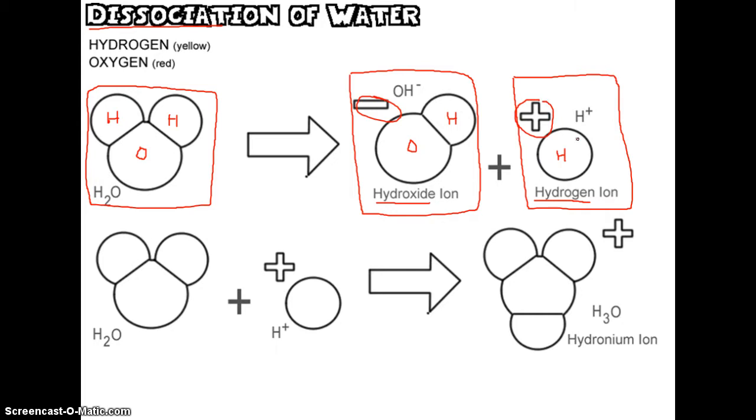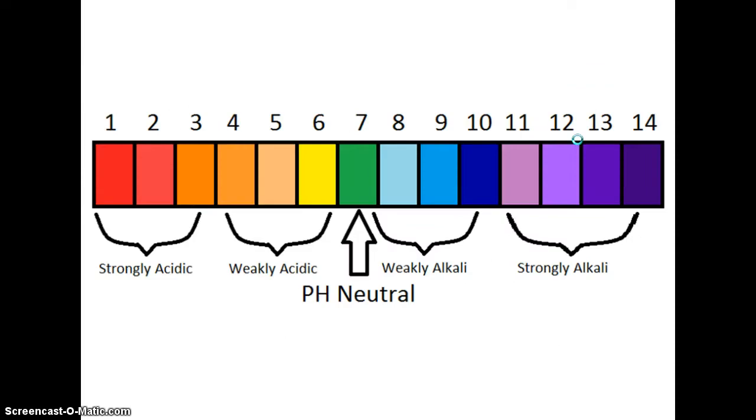So this dissociation of water gives us the phenomenon of what we call pH. And the pH scale undoubtedly is something that you have worked with before in school, in middle school, or in ninth grade, possibly in physical science. But the pH scale is a scale from 0, even though we don't see 0 here, all the way up to 14, or from 14 all the way down to 0, however you choose to look at it.